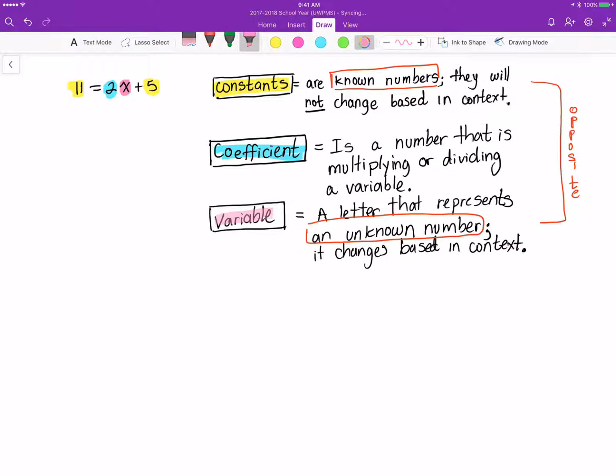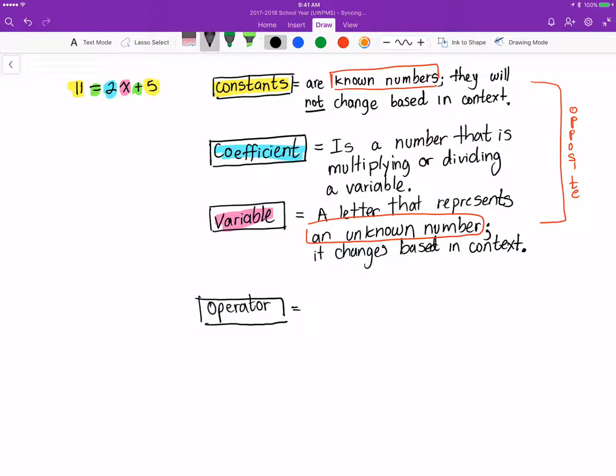Now, my last piece of information are the signs, the symbols. Those symbols, I call them my operators.